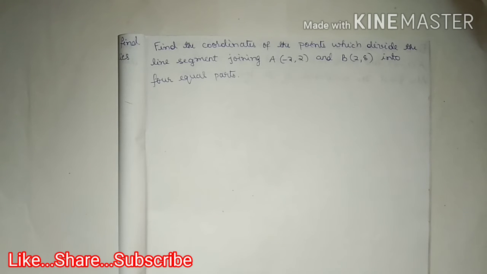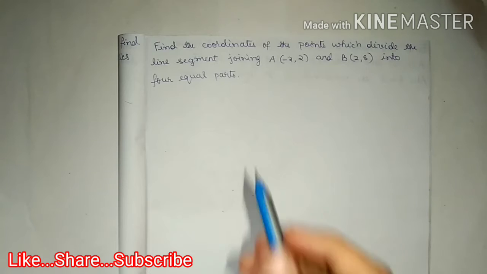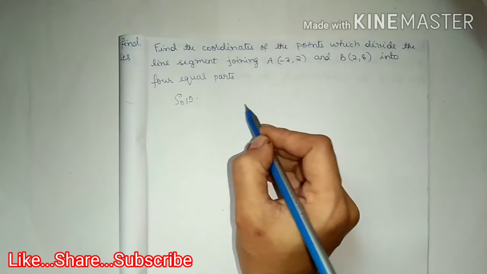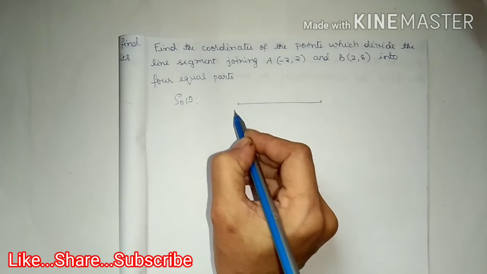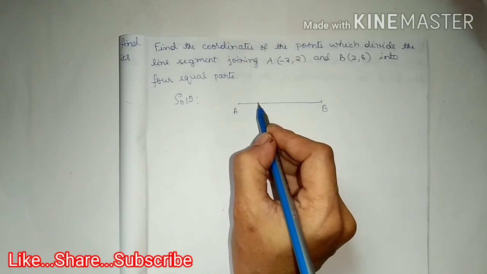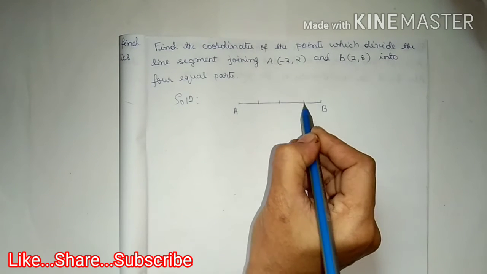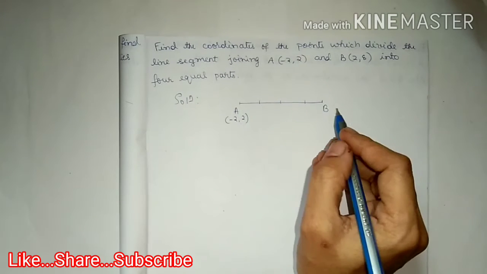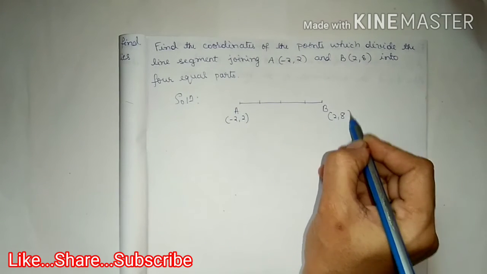Next example, find the coordinates of the points which divide the line segment joining A(-2, 2) and B(2, 8) into 4 equal parts. Here, we divide line segment AB into 4 equal parts. The coordinates of A are (-2, 2) and B are (2, 8).